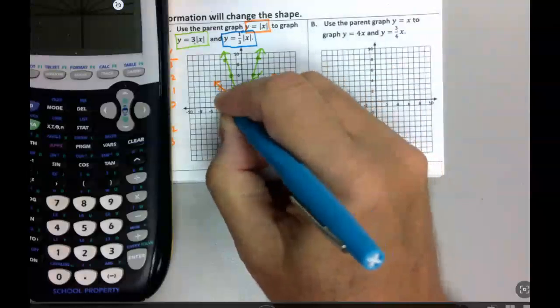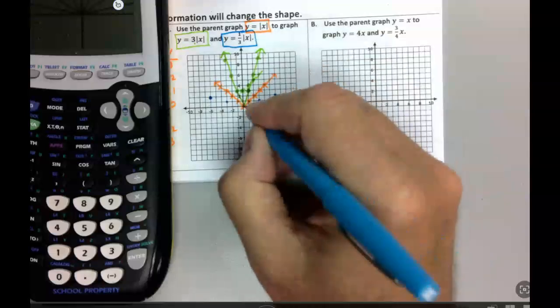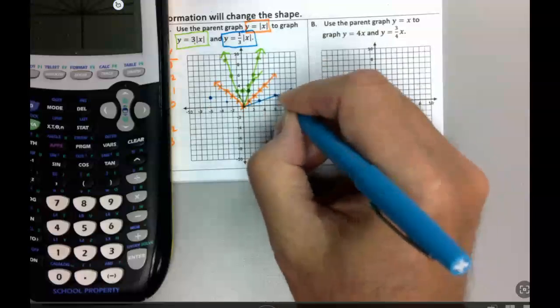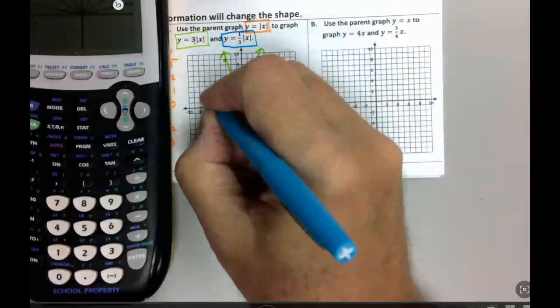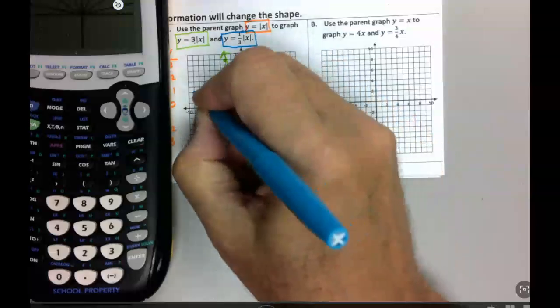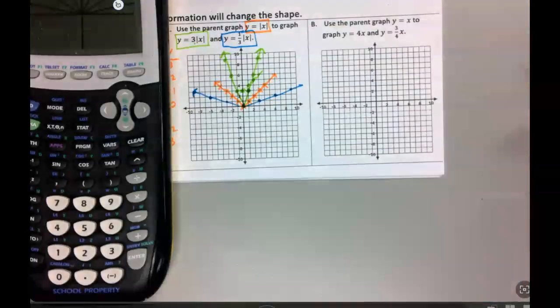Up 1, left 3. Okay. Make sense? How do you make a third? 1/3. Get 1 divided by 3. Okay? All right. Everybody get that one?